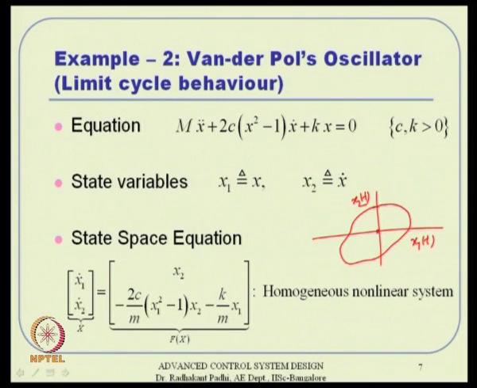It will also have 0 0. For example, if you substitute x 1 0 and x 2 0, then it will also satisfy this differential equation. Then x 1 dot is 0 and x 2 dot is 0. So, 0 0 is certainly an equilibrium point.